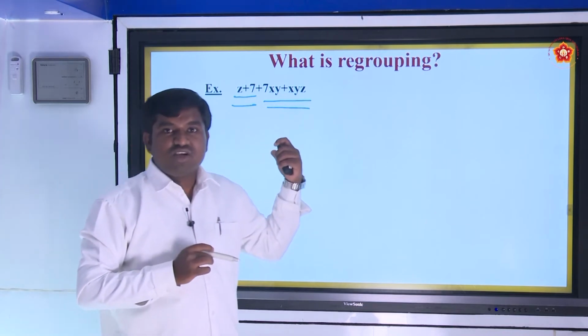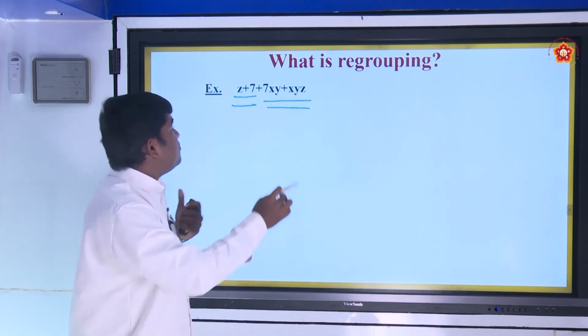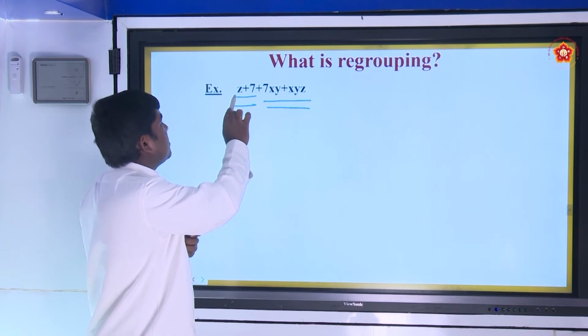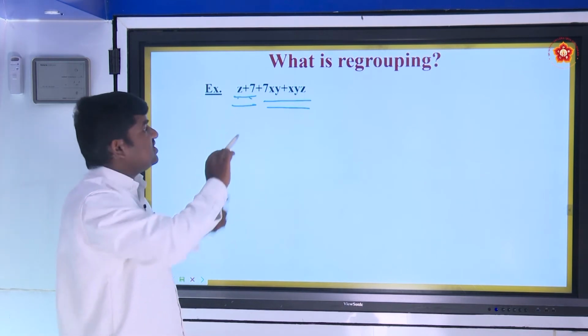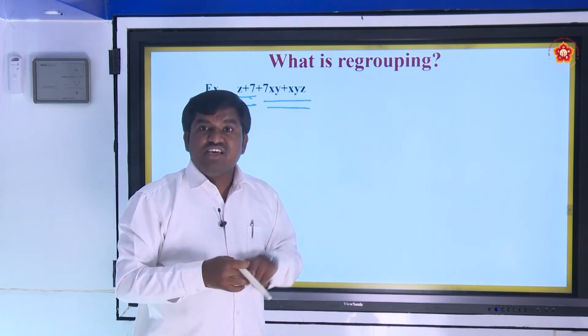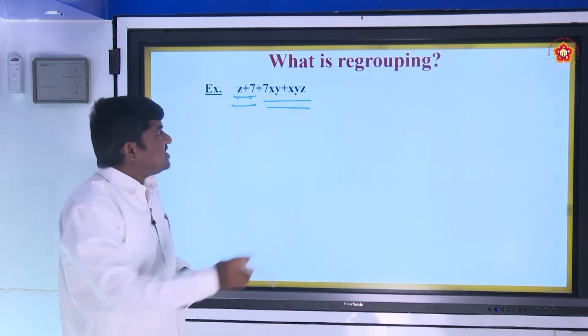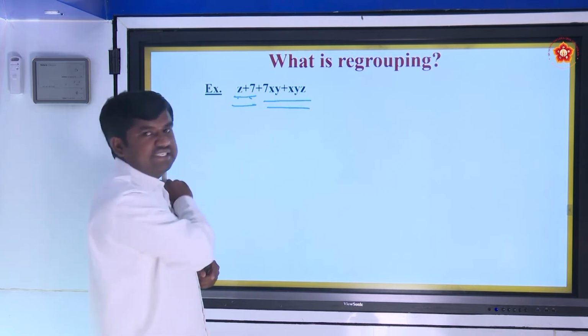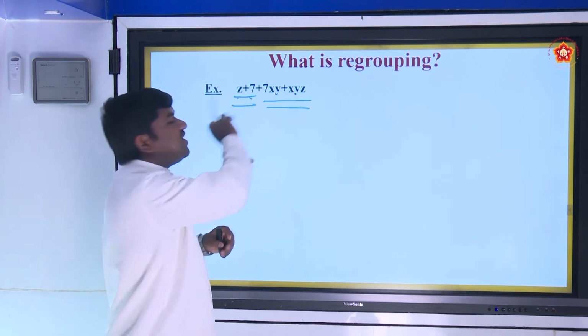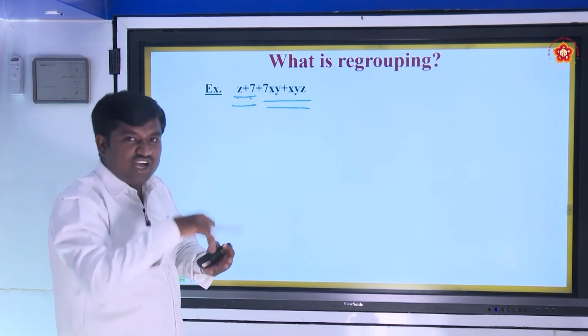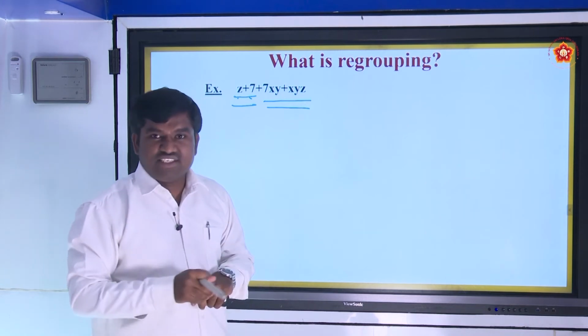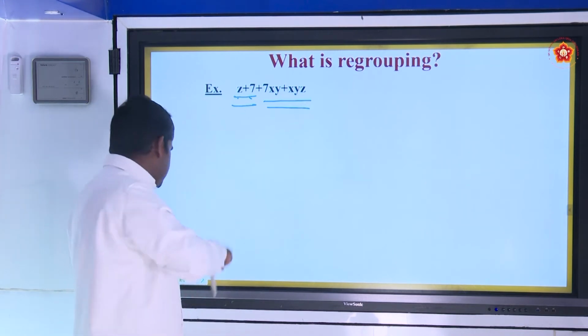In this problem, observe, there is no common factor in the first two terms and next two terms. In this situation, what do we have to do? We can rearrange or regroup the terms, which allows us to factorize. How? See here.